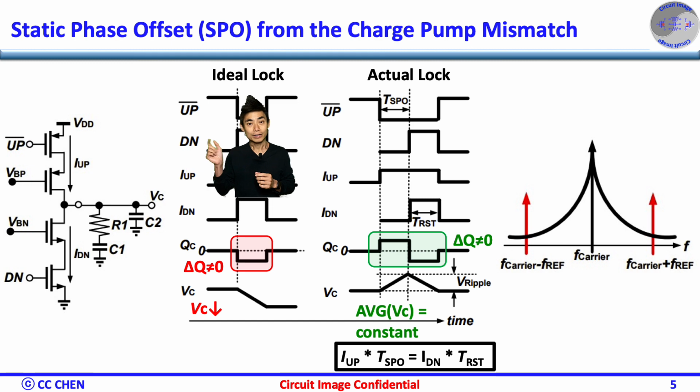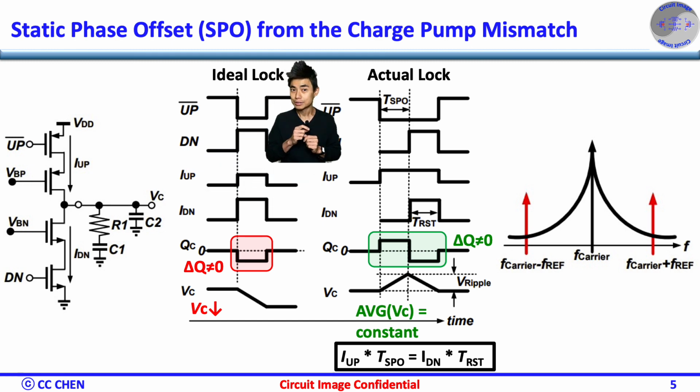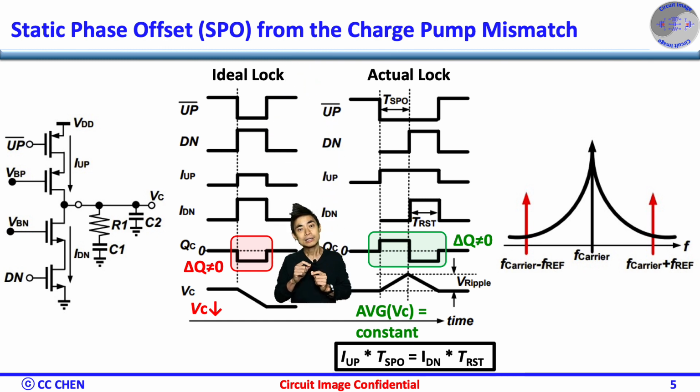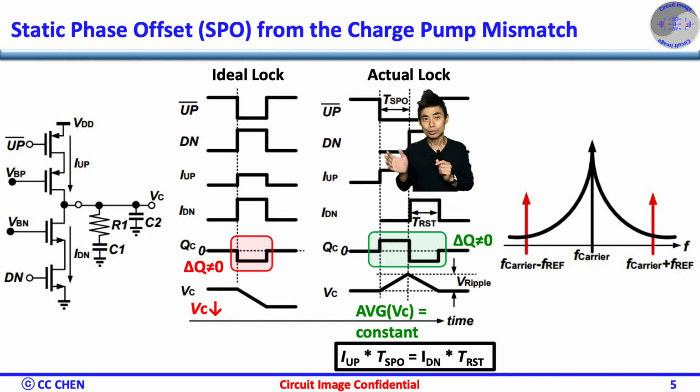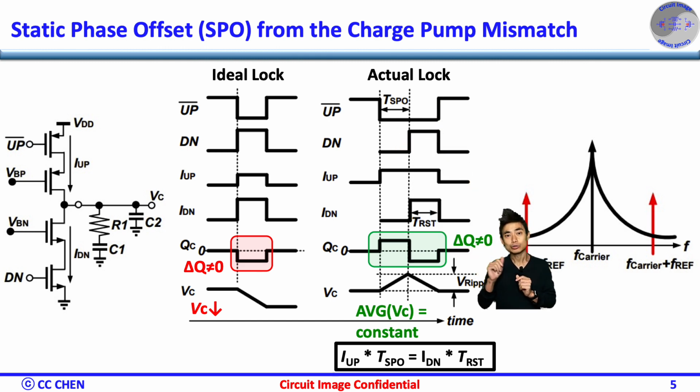Right, from the ideal lock condition, you should realize that's not sustainable since there's a charge pump mismatch here. So, in a real case, the PLL should lock with a static phase error if there's a charge pump mismatch, such that the charge would be balanced.